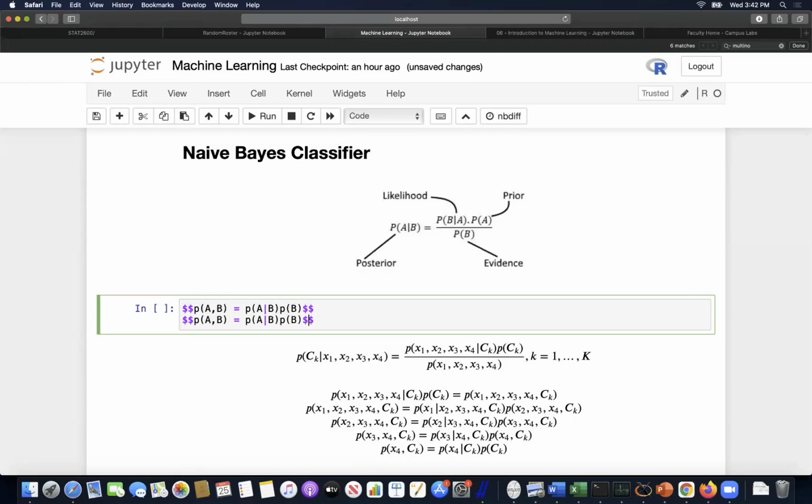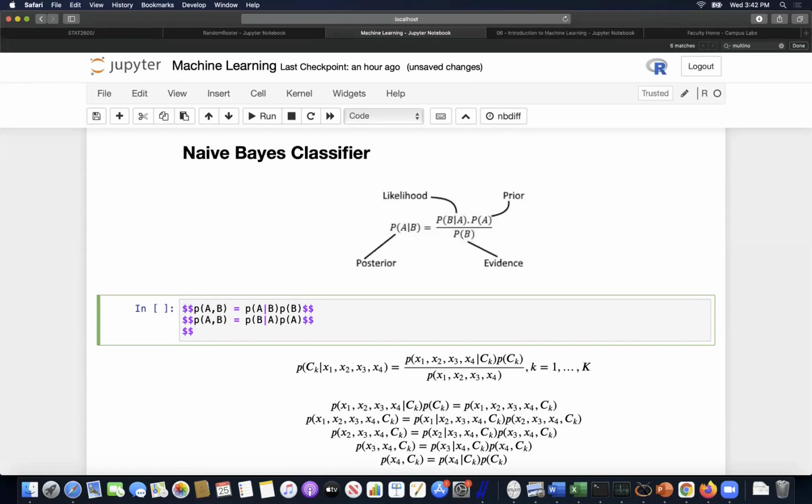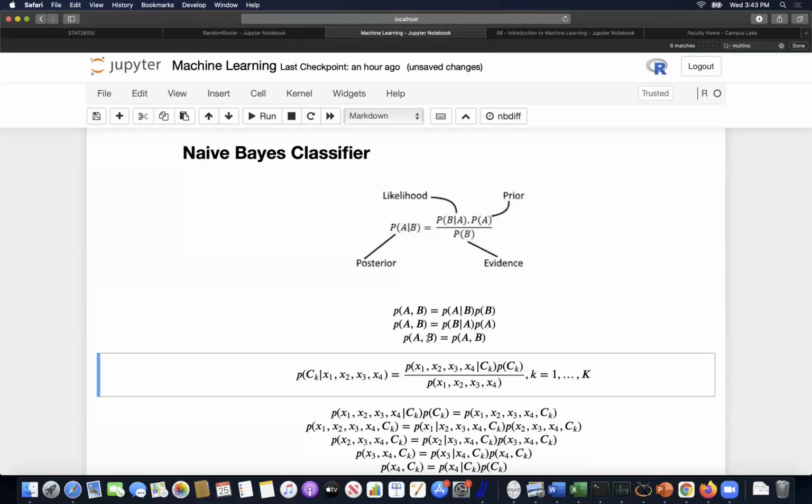Similarly, you have P of A comma B is P of B given A times P of A. And in the end, the Bayes rule is saying P of A and B is equal to P of A and B. This is trivial, yes? So this part is trivial, P of A comma B being equal to P of A comma B.